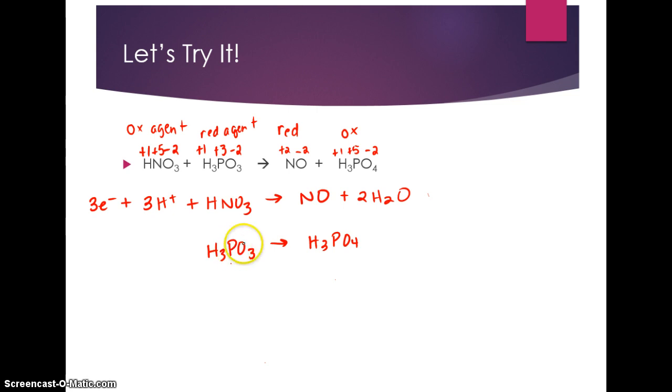Now, let's do this one. My phosphoruses, they're balanced already. 3 oxygens here, 4 oxygens here, which means I need to add a water over here. I have 1, 2, 3, 4, 5 hydrogens over here, and I have 3 over here. So I'm going to add 2 H+'s here.